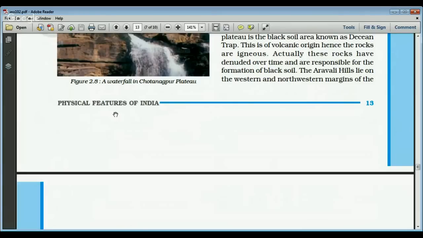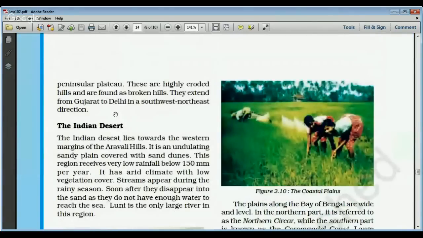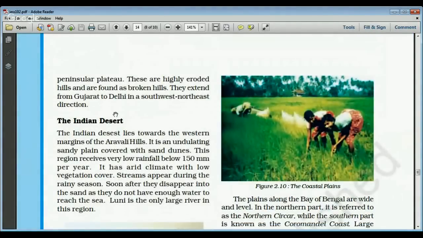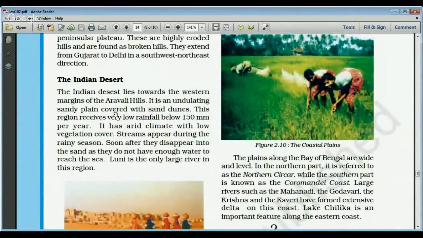They are dissected and eroded over time, and now their height is very less. They lie on the western and northwestern margins of the peninsular plateau, and are highly eroded hills found as broken hills. The Aravali extend from Gujarat up to Delhi in a southwest to northeast direction.